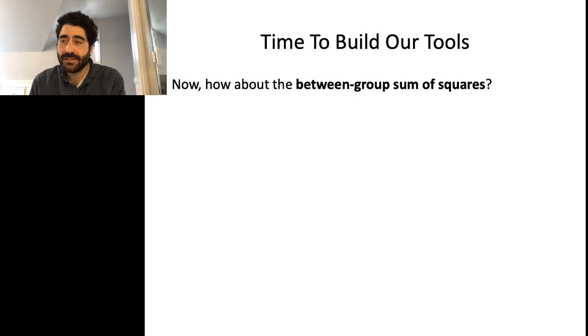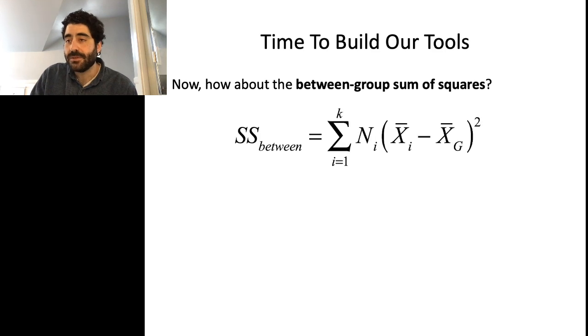Okay, another thing we need is the between group sum of squares. Remember, this is the term telling us how far apart the different groups are from each other. This is relatively easy to compute, but you have to be a little careful with this summation. It is not a summation over the data points. The i that we're summing over is the groups.